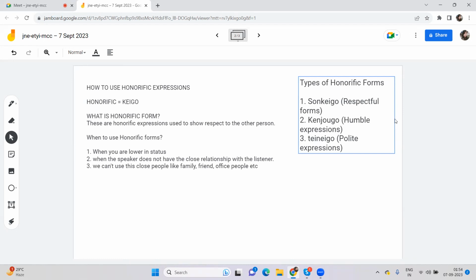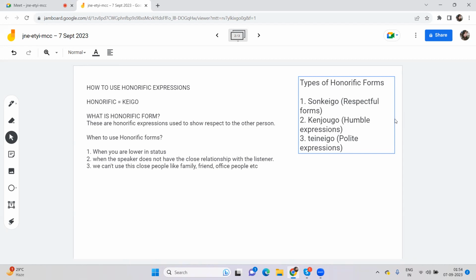Understood? When you put yourself down, the person automatically gets respect, so we use kenjougo. Teineigo means when you are using polite expressions.